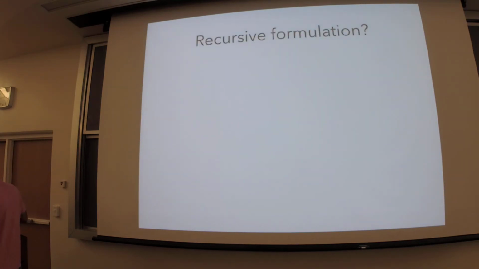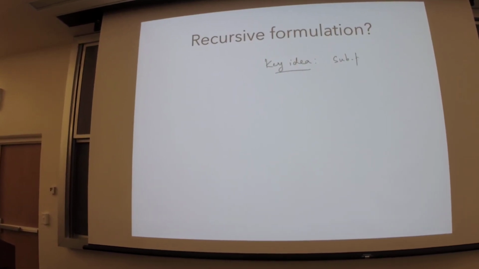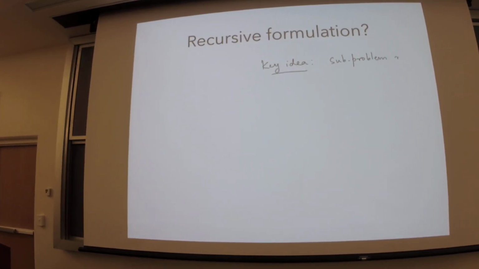Alright, with that being said, let's go to what he's saying. Somehow the key idea is that the subproblem must be the set of unvisited vertices.